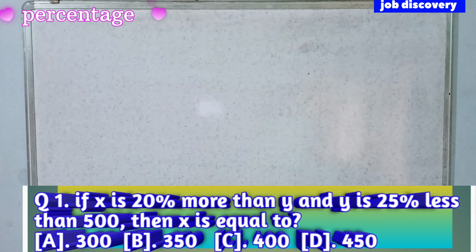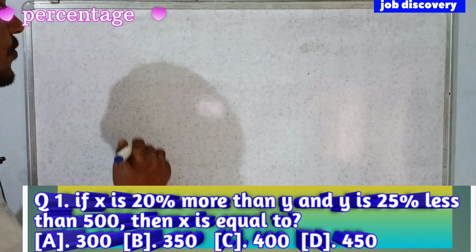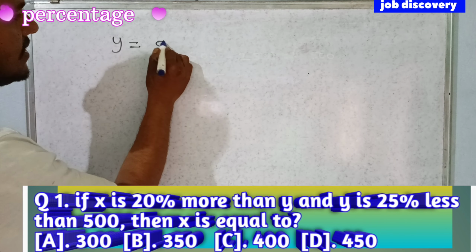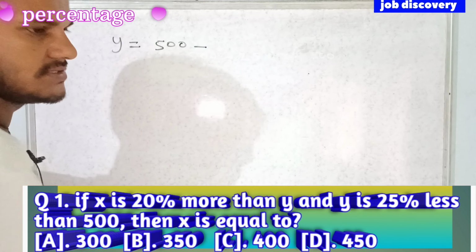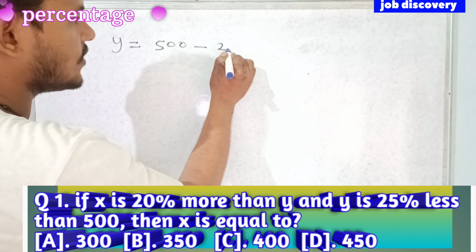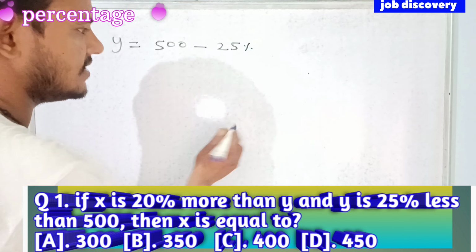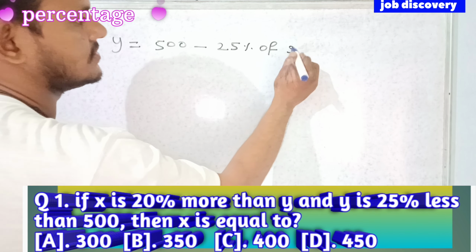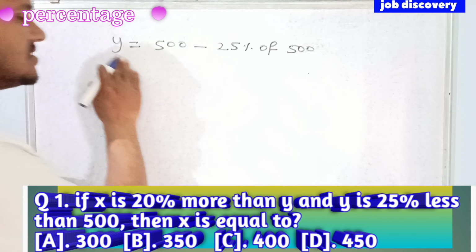Now see here, first of all we need to know what the y value is. So y is equal to 500 minus 25% less means minus of 500, right? This is the y value.